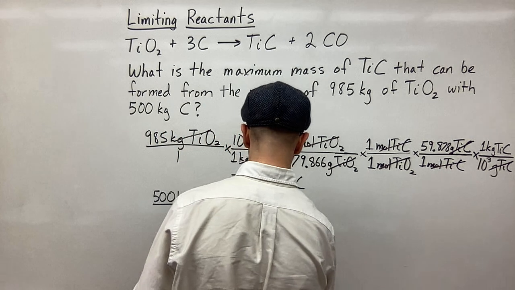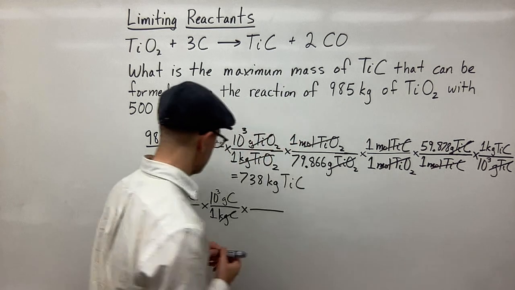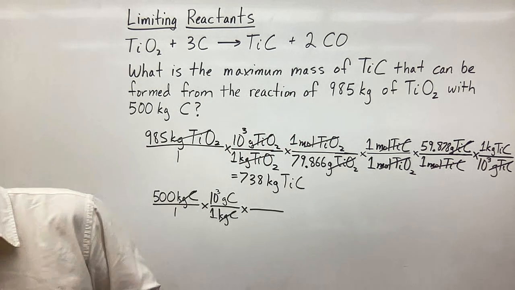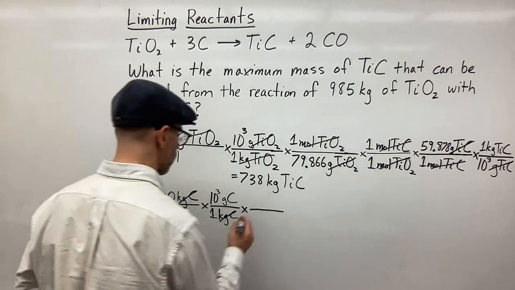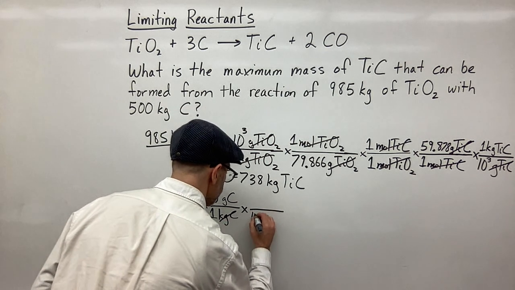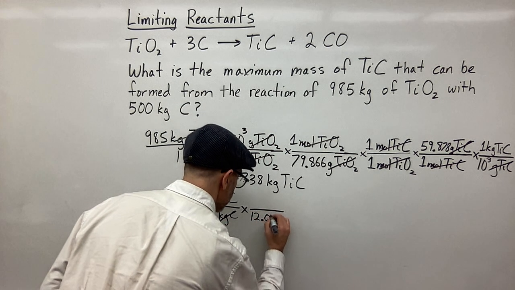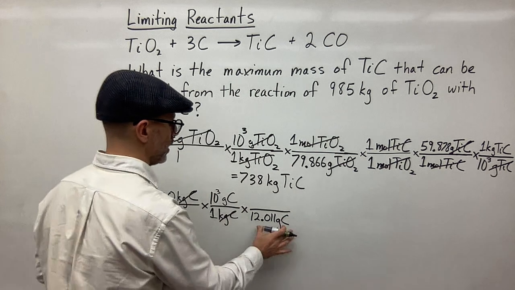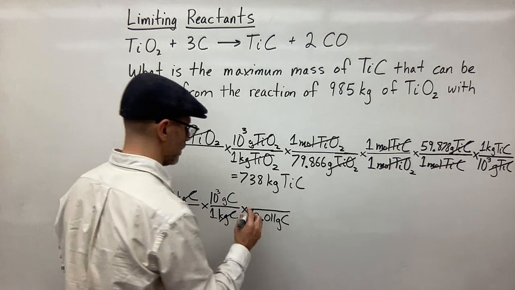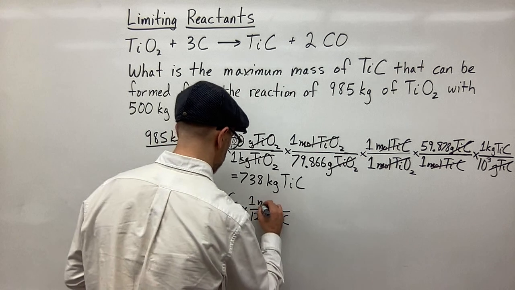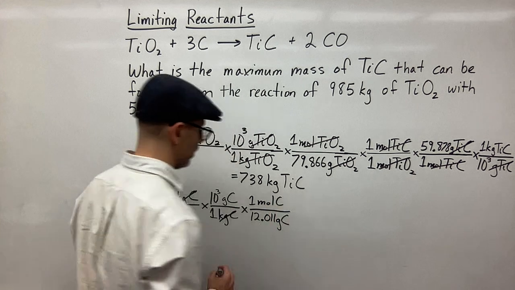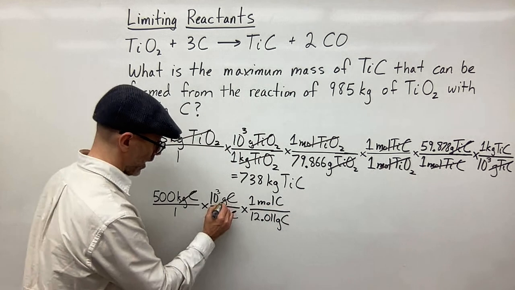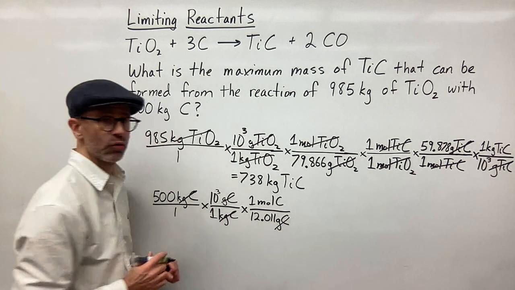I'm going to look up the molar mass of carbon. We have 12.011, so 12.011 grams of carbon is on the bottom to cancel out grams of carbon on top, and then 1 mole of carbon on top. So the grams of carbon cancel out. Now I have moles of carbon.